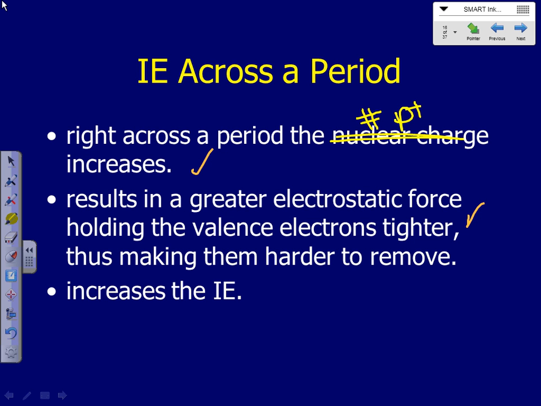If the electrostatic force is then increased, it takes a little more energy to remove it. I like that statement there. That's not a bad one. Making it harder for them to remove. That makes you think about that pull. And therefore, this increases the ionization energy. Beautiful. Okay?